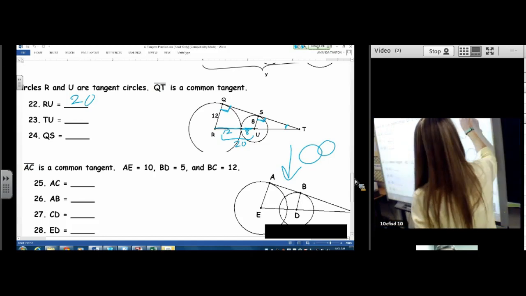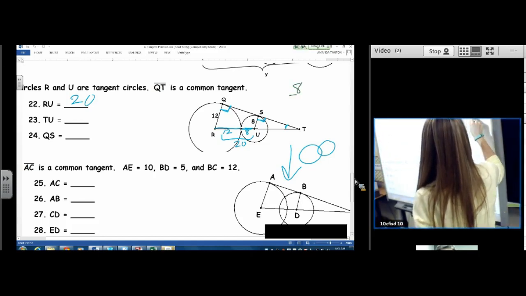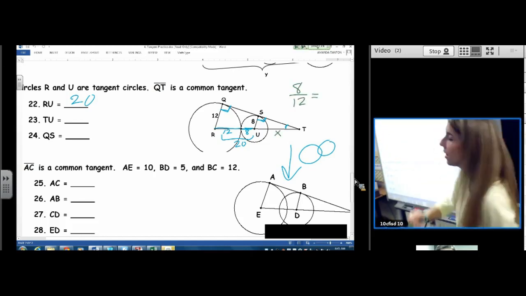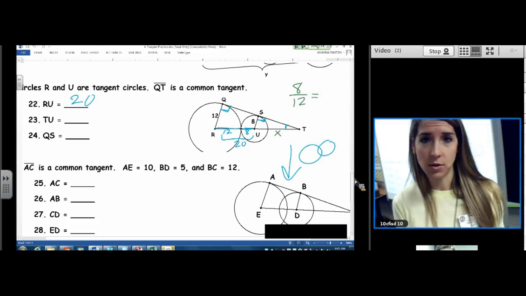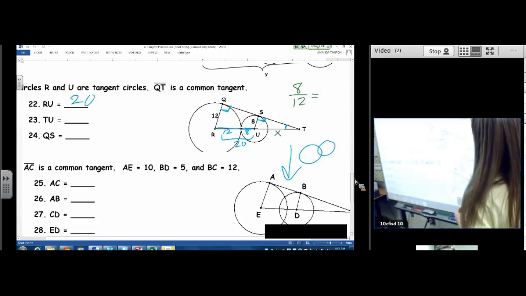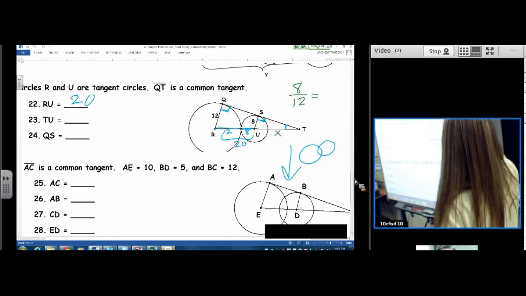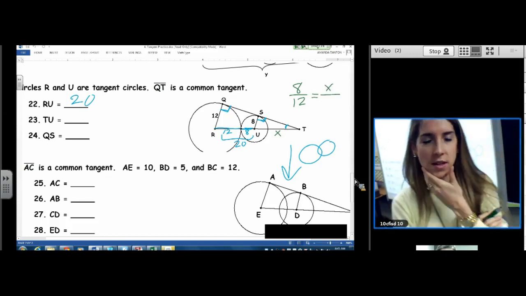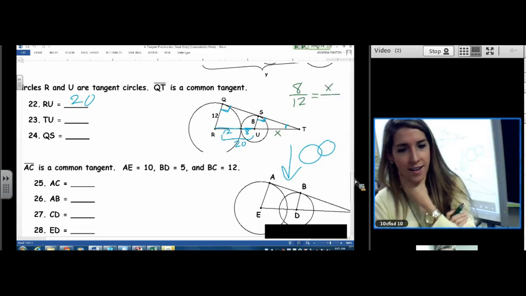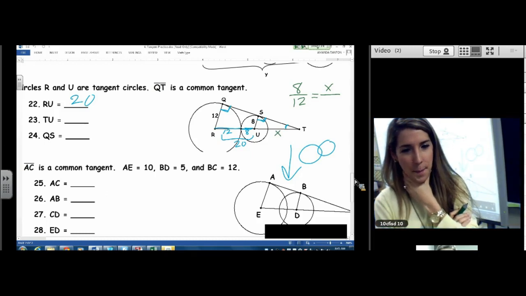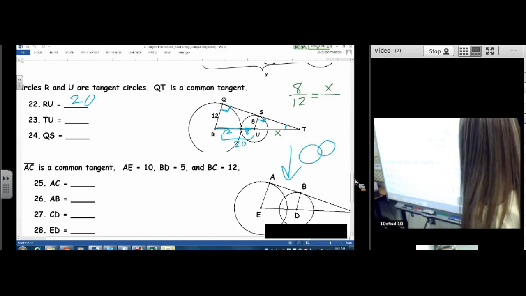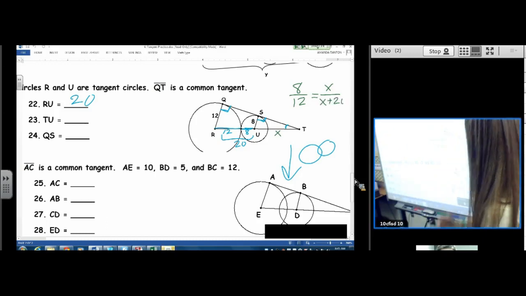Let's do this. 8 is to 12 as, if I call TU X, because that's the next thing I'm trying to find, so I'll call it X. I would say 8 is to 12 as X is to, and what would I put in the denominator there? Because this is where students get messed up. Good. So you don't put 20 there.